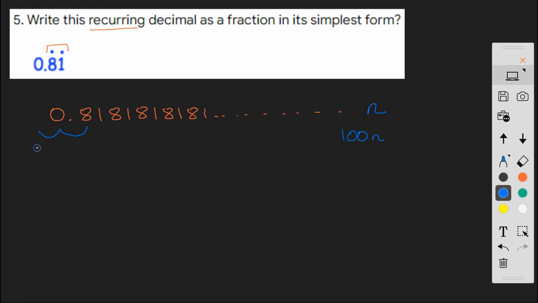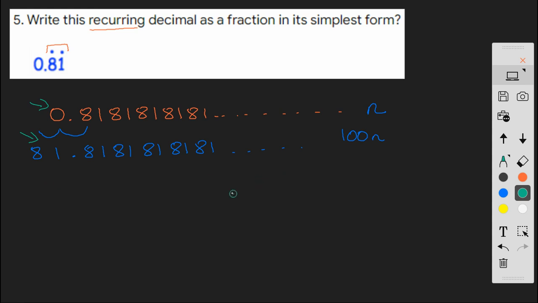So our 100n looks like 81.818. So we've got the same recurring decimal after the decimal point. And the only thing that's different is that here we've got a 0 and here we've got 81.